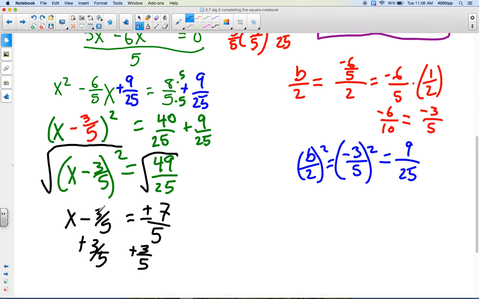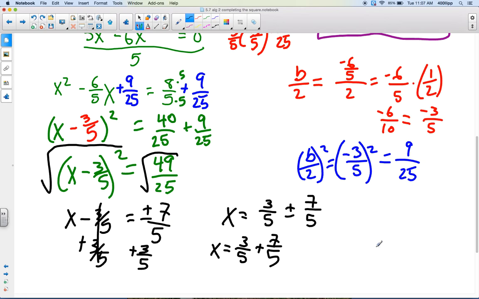to both sides, and I get x is equal to 3/5 plus and minus 7/5. So breaking that up, I'm going to have x equals 3/5 plus 7/5, and x equals 3/5 minus 7/5.